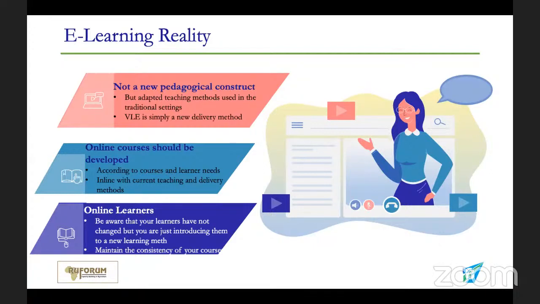So you need to be able to understand how you can facilitate all these learners and cater for all their needs. And then all these courses have to be developed in such a way that the teaching and delivery methods being utilized are in conformity with the learner needs.